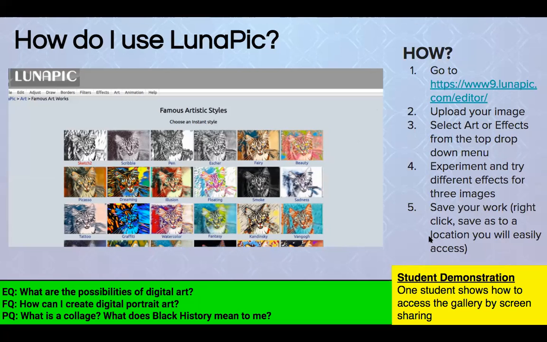Then you're going to save your work, right click it to save it, and then you get to pick your location. Make sure you pick a location on your device that you're able to remember and access, because sometimes it's hard to find it in your documents. So just make sure you pick a location and a name of the file that you'll be able to find.